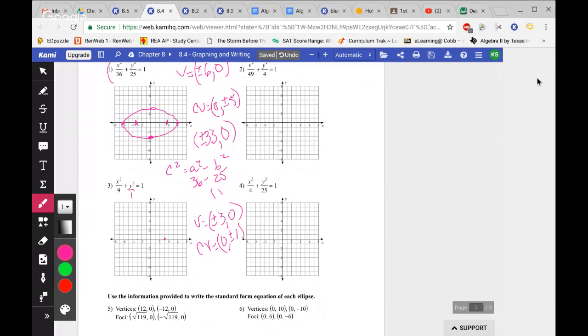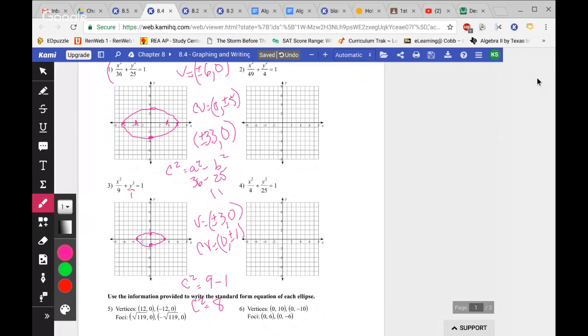And to find the foci, we've got c squared equals 9 minus 1. So c squared equals 8.